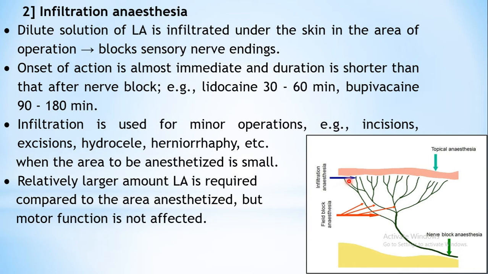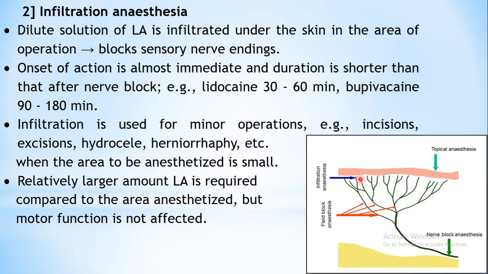Generally the drug is injected subcutaneously, just beneath the skin, in the superficial layers itself. Though it is injected, this injection is a local one. You are not injecting the drug by parenteral route. You cannot call this a parenteral route. It is a local route because you are just injecting it beneath the skin.